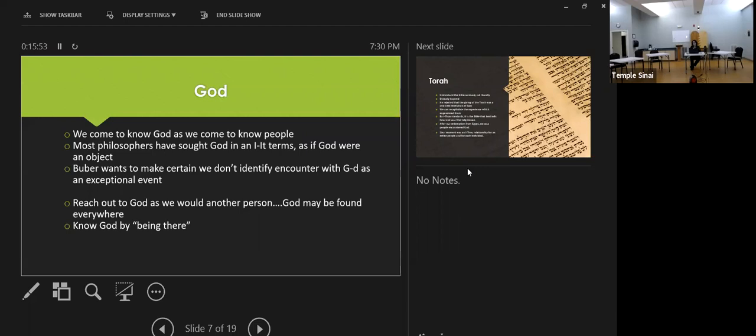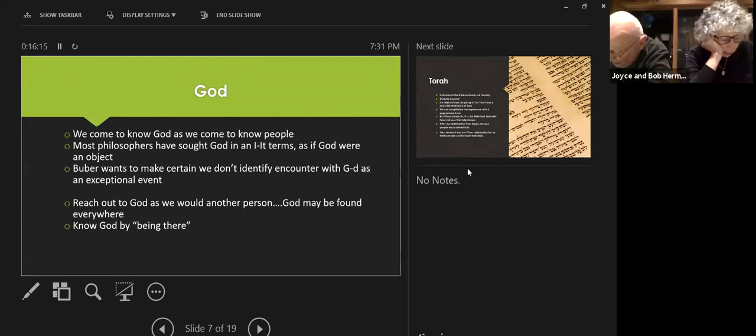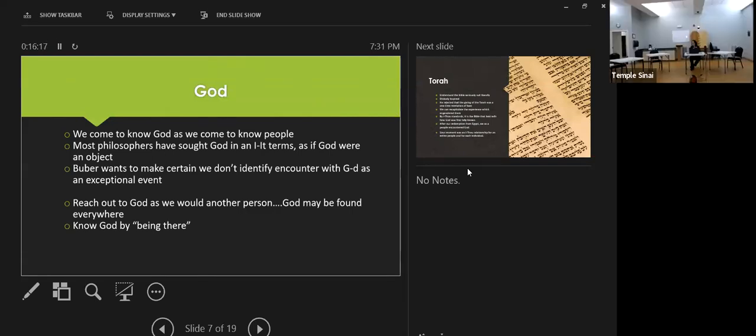what Buber teaches, which is that we should encounter God, reach out to God, as we would another person, in terms of their presence. And the analogy that both Borowitz and Buber use is when you are in a loving relationship and you can sit in silence with someone you love and know unequivocally that you are in a loving presence.